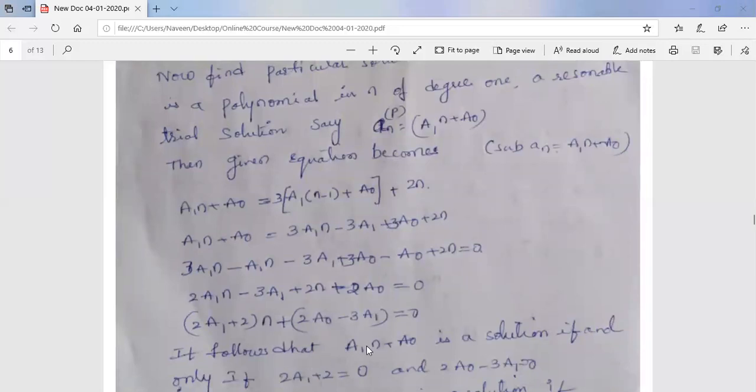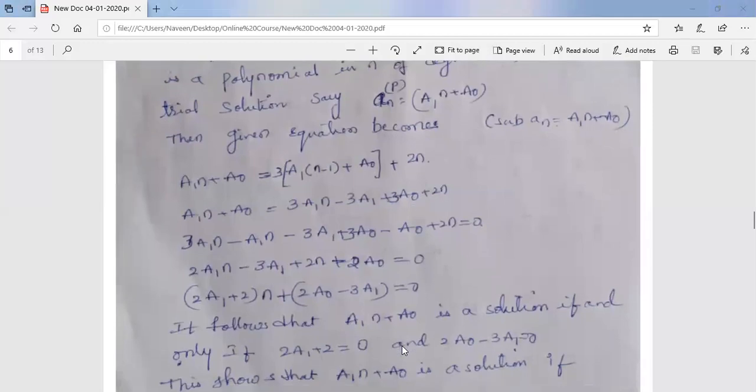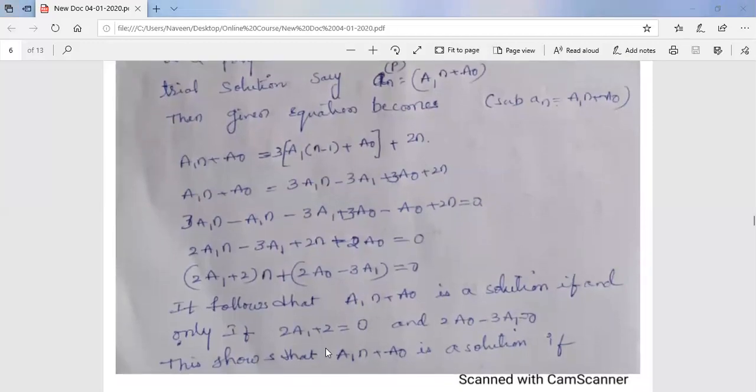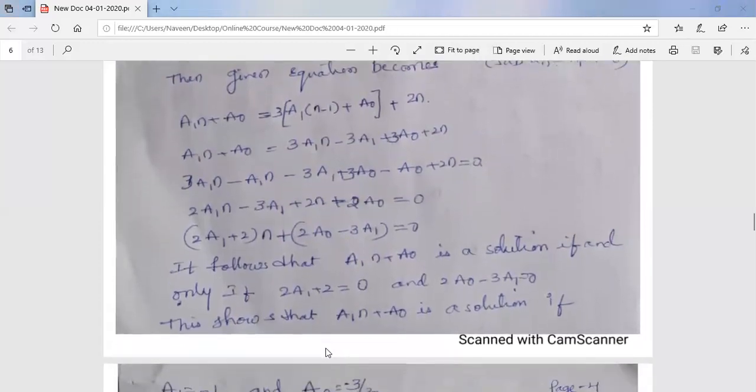We have taken the particular trial solution a_n^(p) as a1n plus a0. So it follows this is the solution if and only if this value is equal to 0 and this value is equal to 0. So from that we can calculate the a1 and a0 values. 2a1 plus 2 is equal to 0 and 2a0 minus 3a1 is equal to 0.